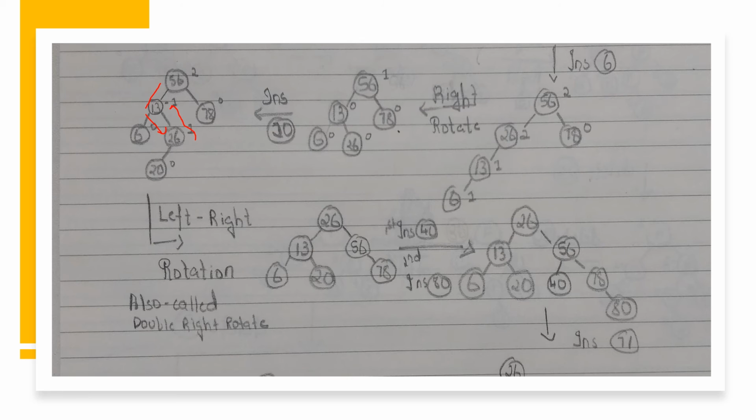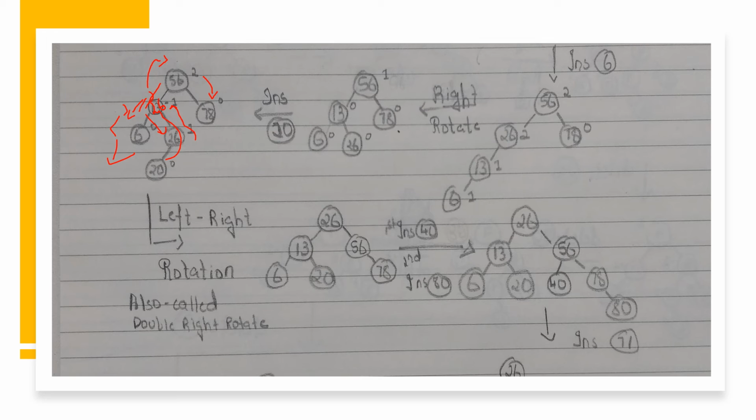This will go here, 13 will come down, 6 will come down, and after 26 is here, we will perform a right operation, and then 56 will also come down. What will happen is 26 is here, 13 is here. Because of the right operation, 6 and 13 come back again. So 6, 13, and 20 gets attached to 13, and then 56 and 78 get pushed down.